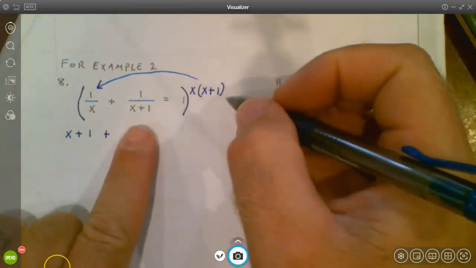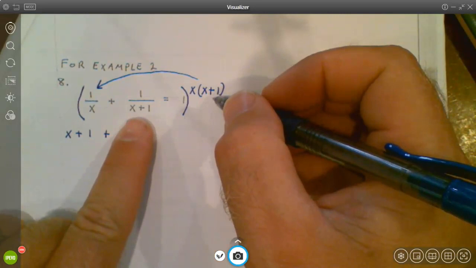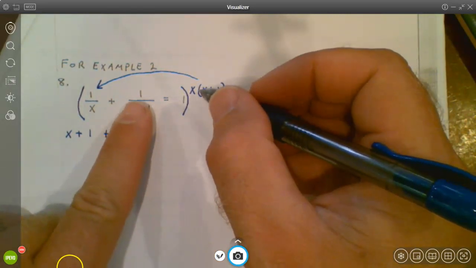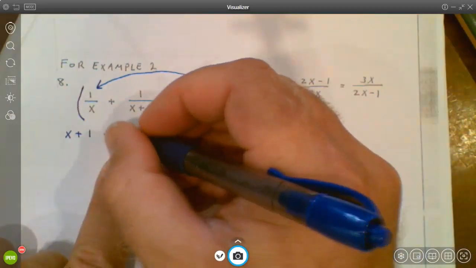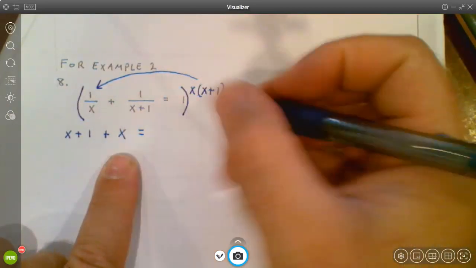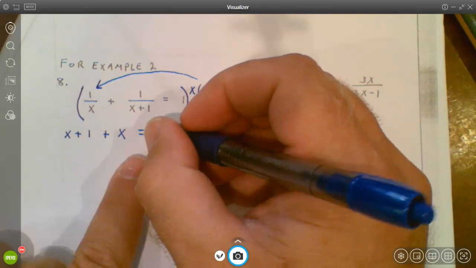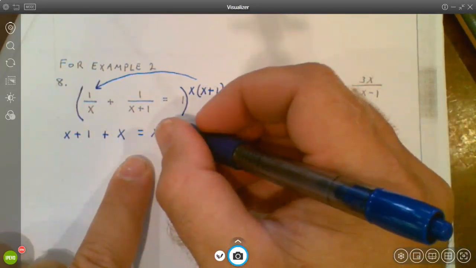As I get to my second one, you can see that the x plus 1's will cancel, and I would be left with just the 1 times x. On the far right, nothing cancels, so it's just the x times x plus 1.